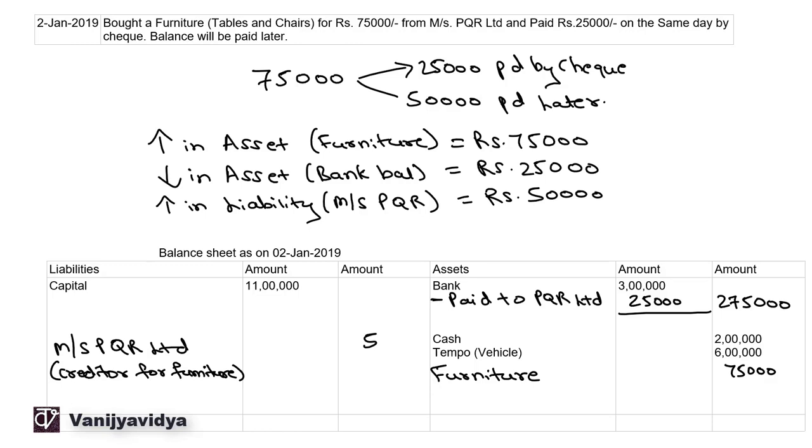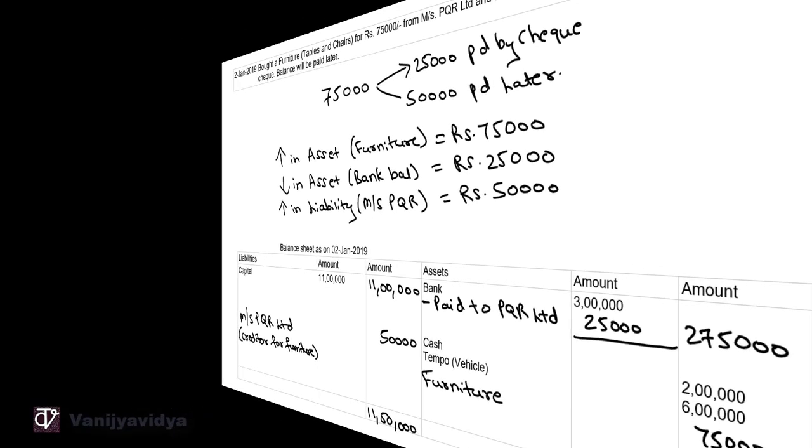Amount will be 50,000. And in this transaction, there is no impact on capital. So capital will remain as it is. So liability side total is 11,50,000. Asset side total is 11,50,000. So now let's move on to the next transaction.